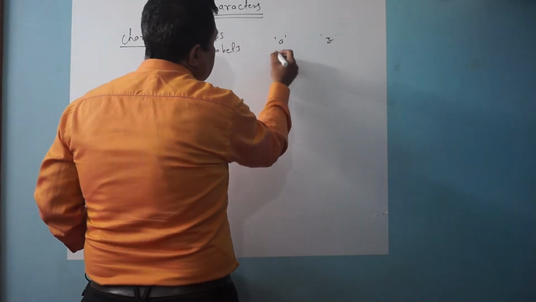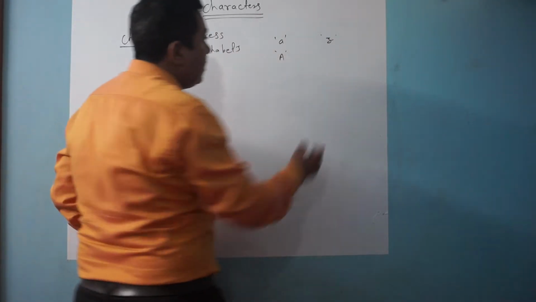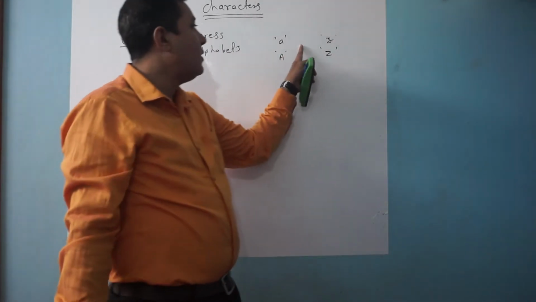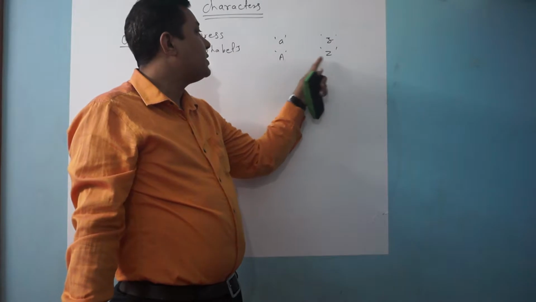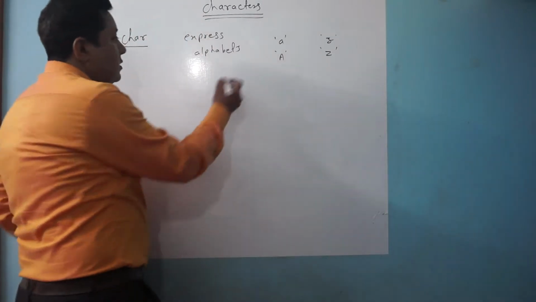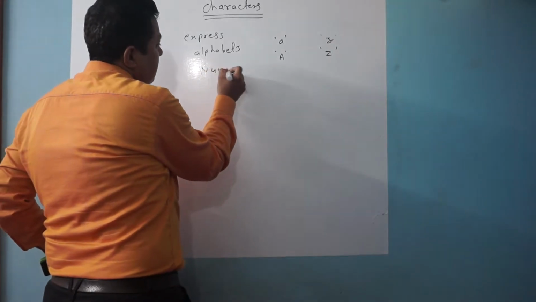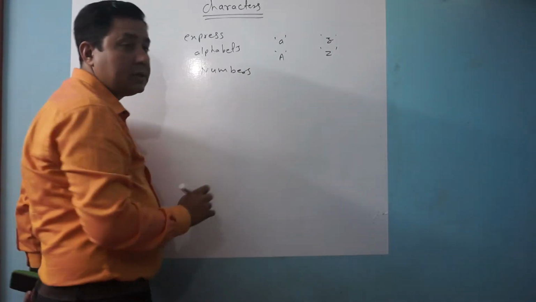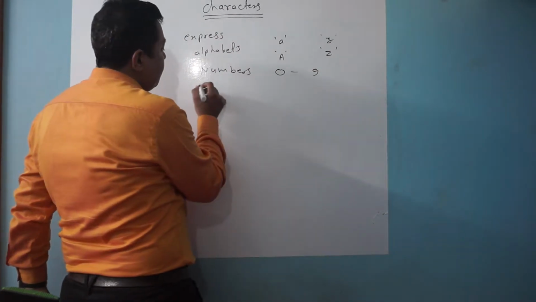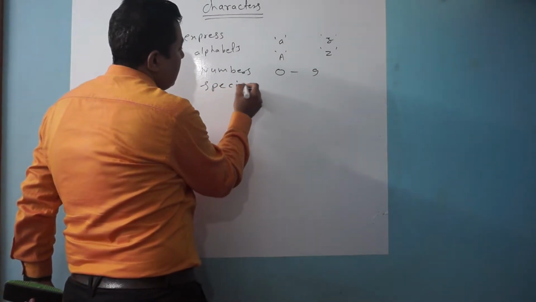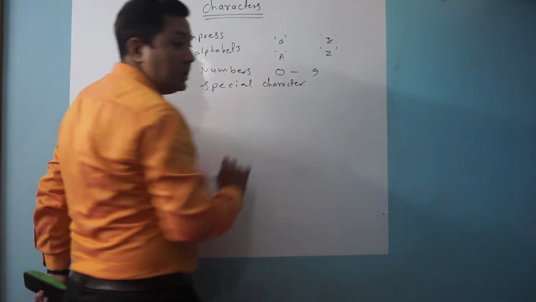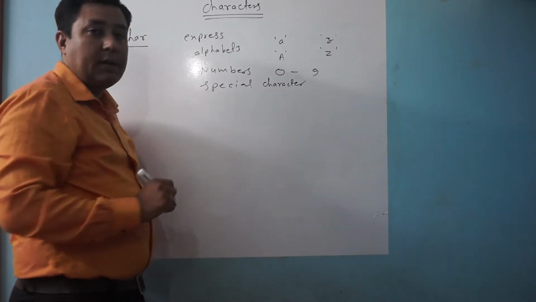Also we can express capital A to capital Z. That means 26 characters of small alphabets and 26 characters of capital alphabets. We can also represent numbers from 0 to 9 and their combinations. We can also express special characters or symbols in the character data type.